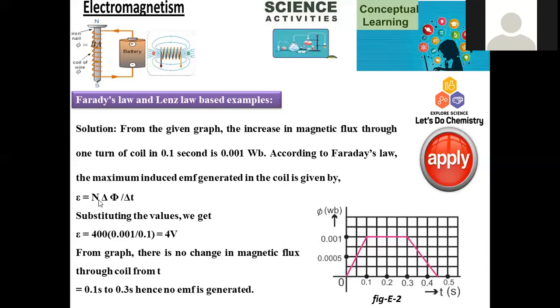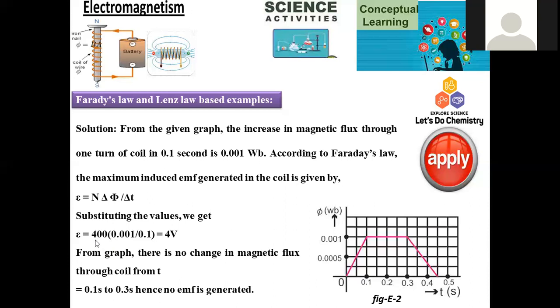The change in the flux value is 0.001, divided by the time difference. So the y coordinate term 0.001 was taken, and at this instant the time was 0.1, right?